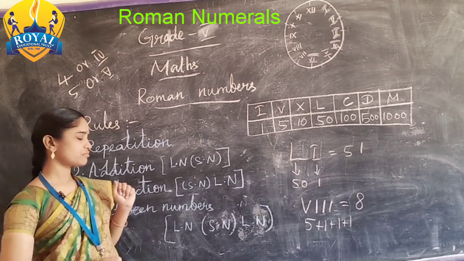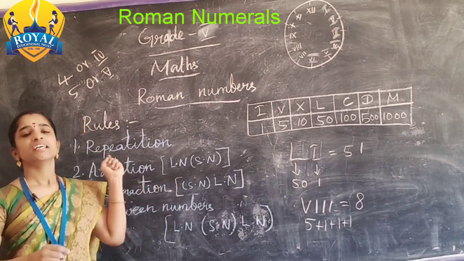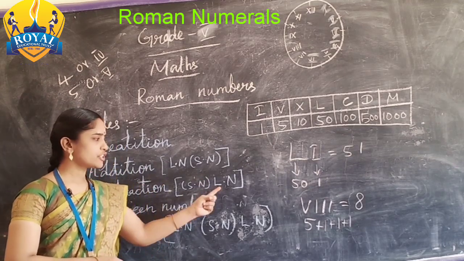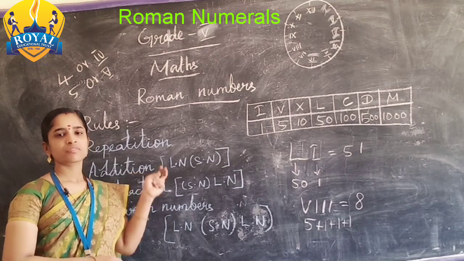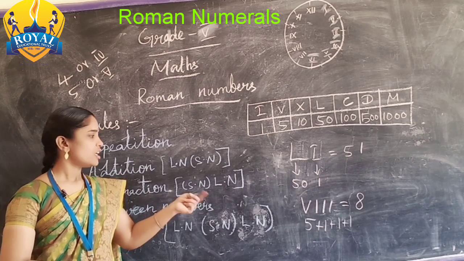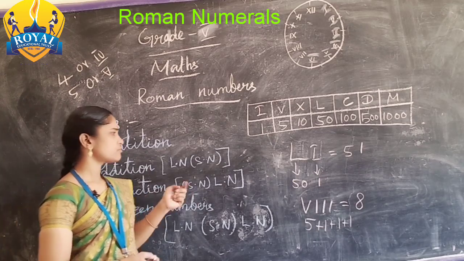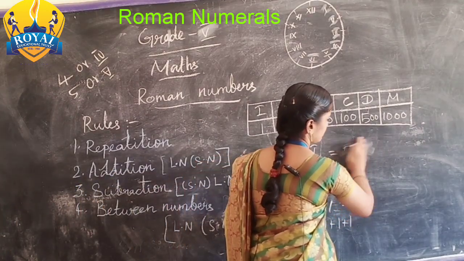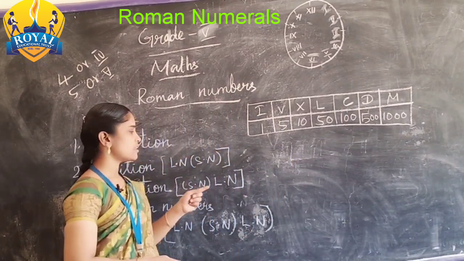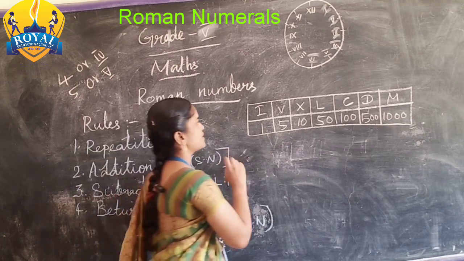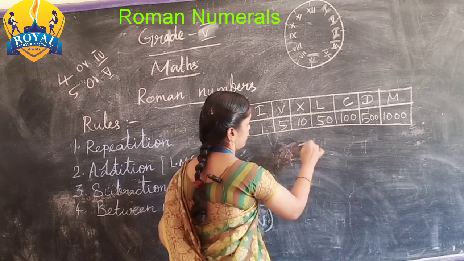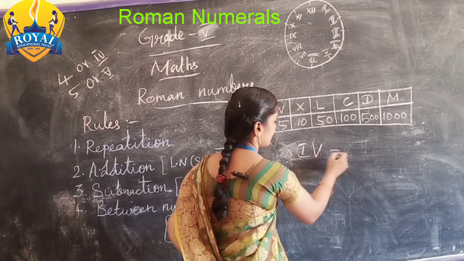The next one is subtraction. A smaller number written to the left of a larger number is always subtracted from the larger number. For example, IV.